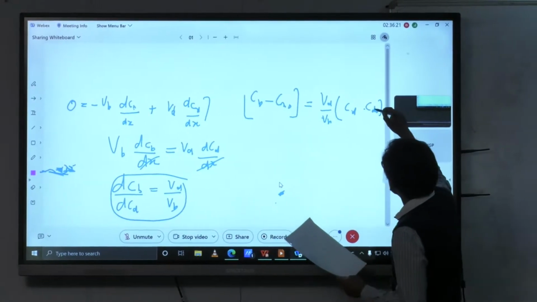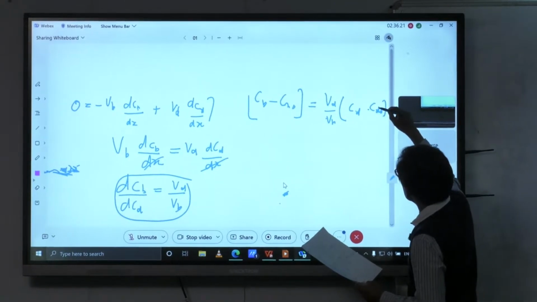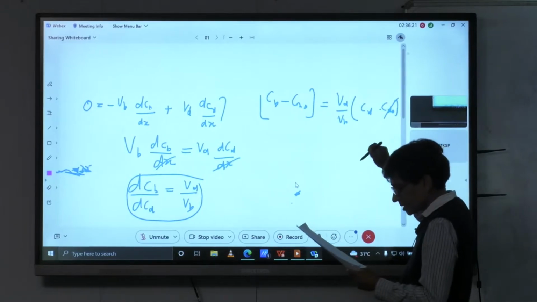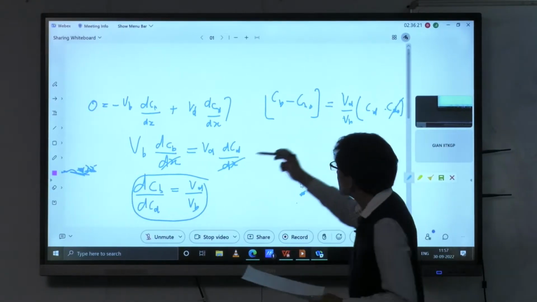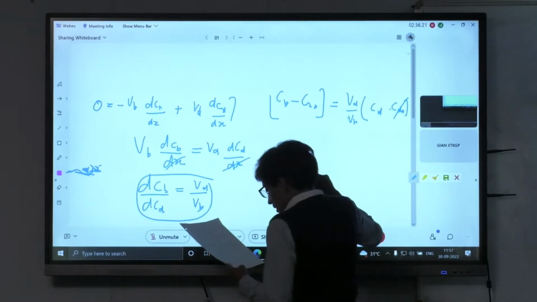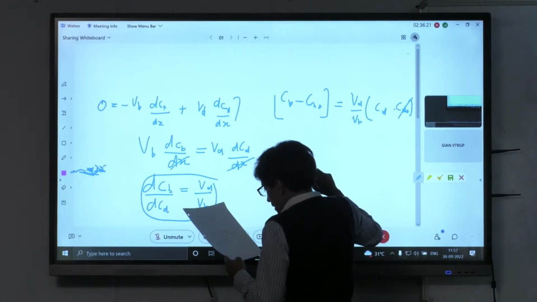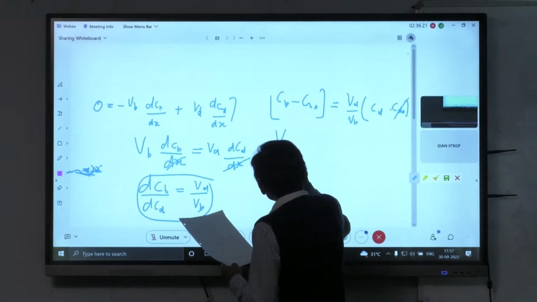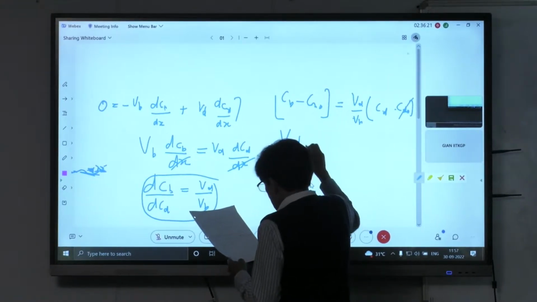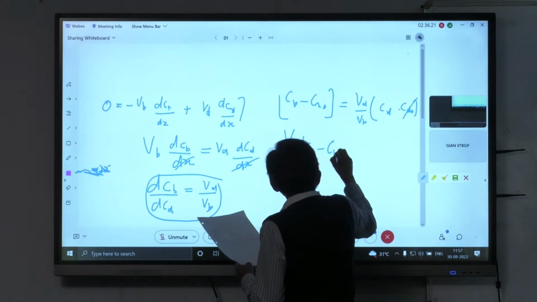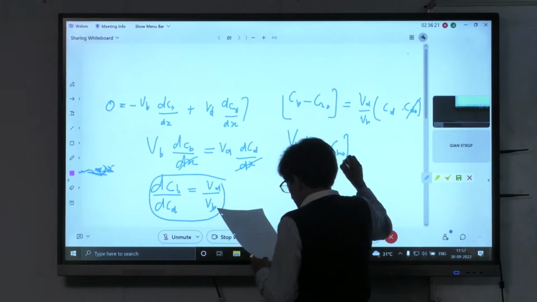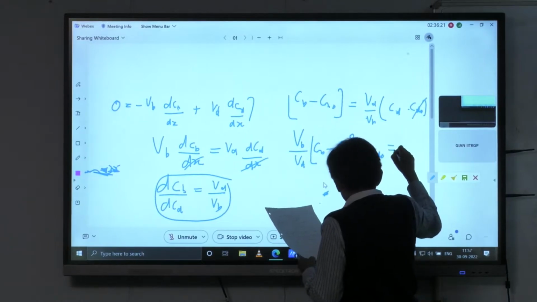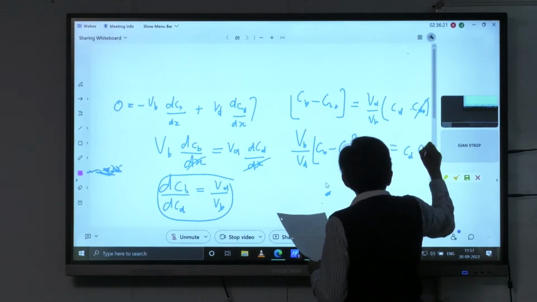We know that the concentration of urea in the dialysate at the entrance is 0, so that actually disappears. We have values for Cb naught and so forth, and so we can rewrite this all, and we end up with something like this: Vb divided by Vd, Cb minus Cb naught, plus Cd naught equals Cd, and that's my first equation, okay?